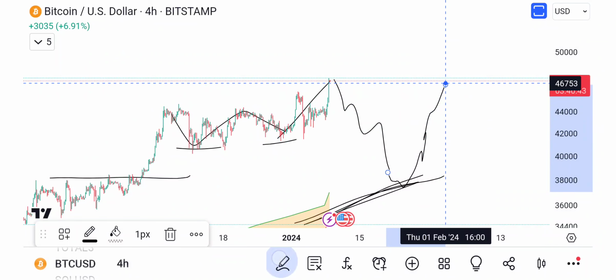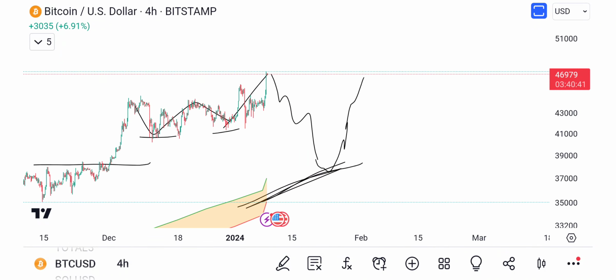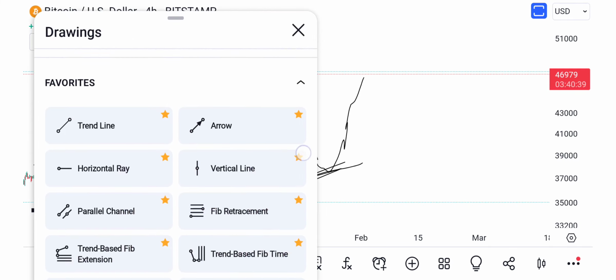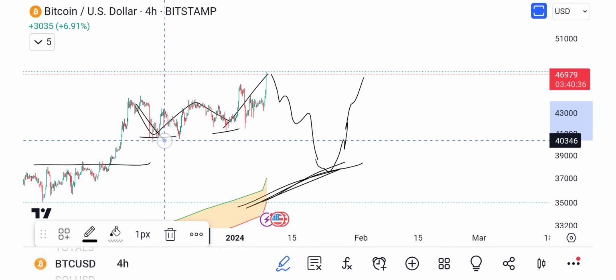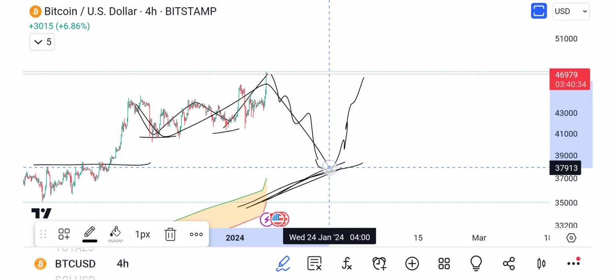And then what that would be, ladies and gentlemen, is a larger flat. Yeah, look at that. We have an A, B, C. So maybe the flat isn't finished yet, right? Maybe the flat isn't finished yet, which leads you to my final idea, which is probably the most probable bearish / bullish idea, I guess you could say.